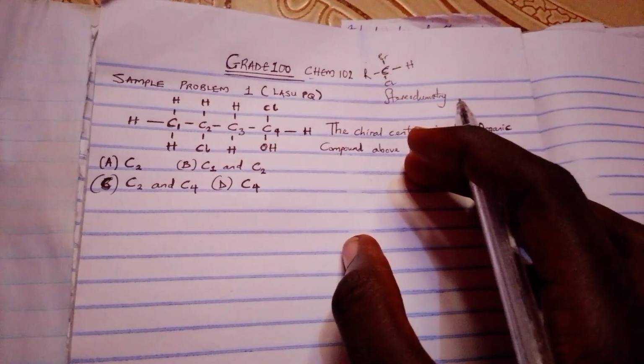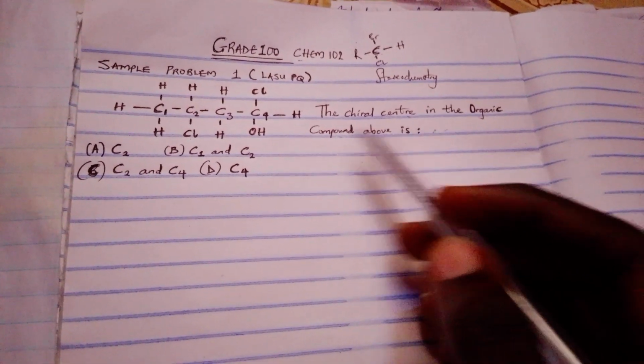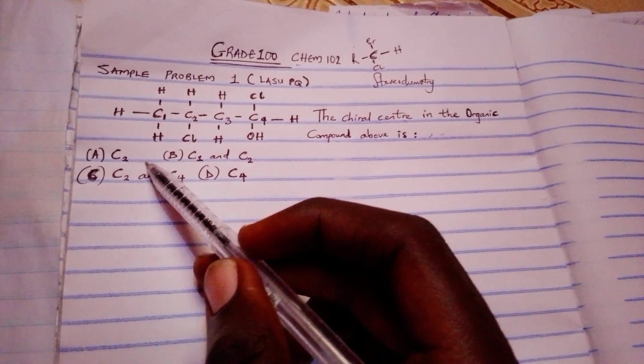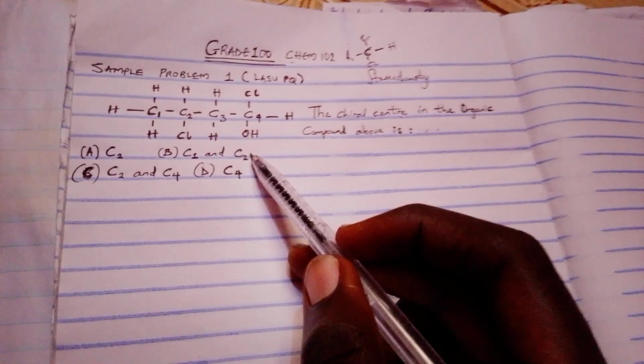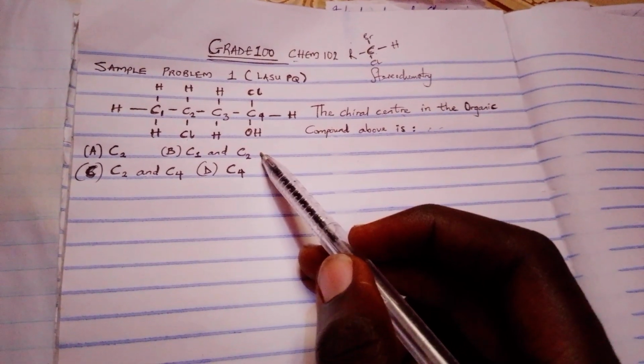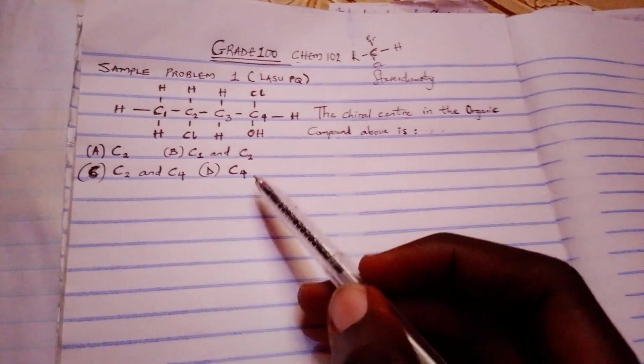Now, this problem says that the chiral center in the organic compound above is: A, carbon 2; B, carbon 1 and 2; C, carbon 2 and carbon 4; and D, carbon 4. So how do you go about solving this question?